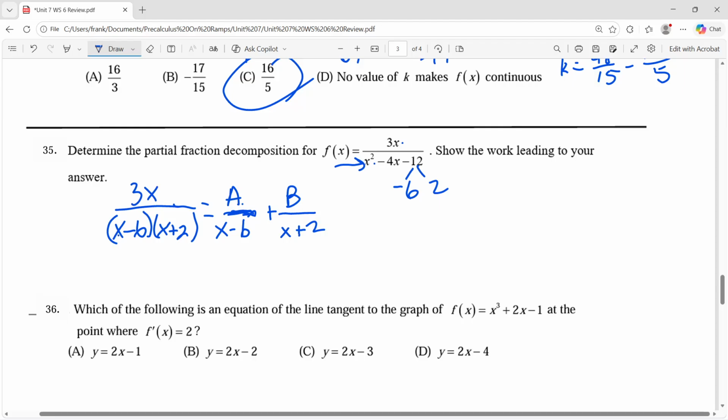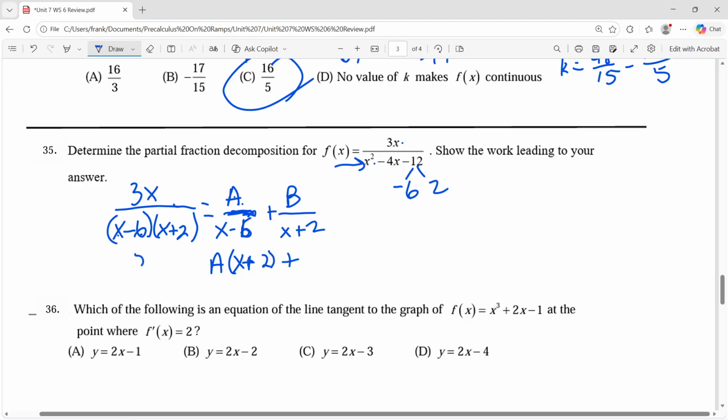So now I multiply both sides by x minus 6 times x plus 2. If I multiply A over x minus 6 times x minus 6, the x minus 6 cancels. And all I'm left with is A times x plus 2.